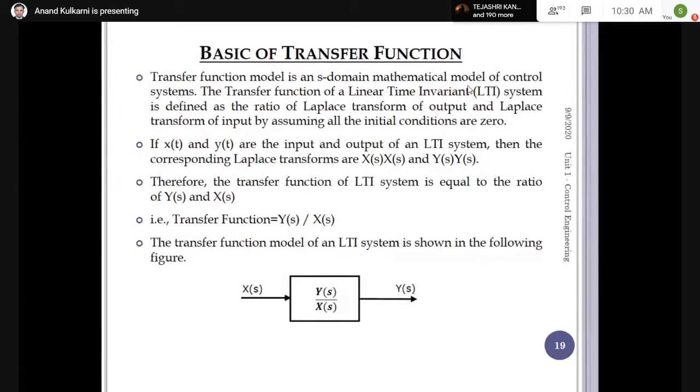For example, if you have studied vibration, a spring mass damper system, you can write it in the form of m x double dot plus f x dot plus k x is equal to f. This is one equation you write very frequently, where m is the mass of the system, f is the coefficient of damping, and k is the spring stiffness.